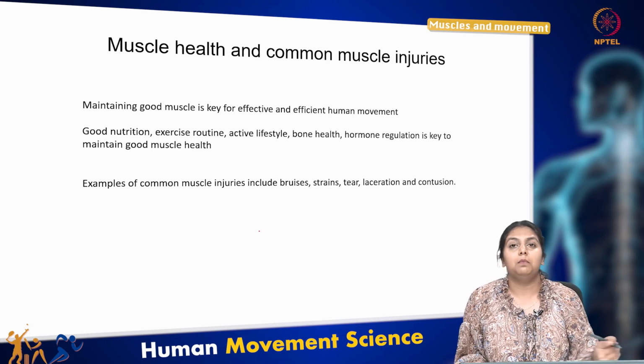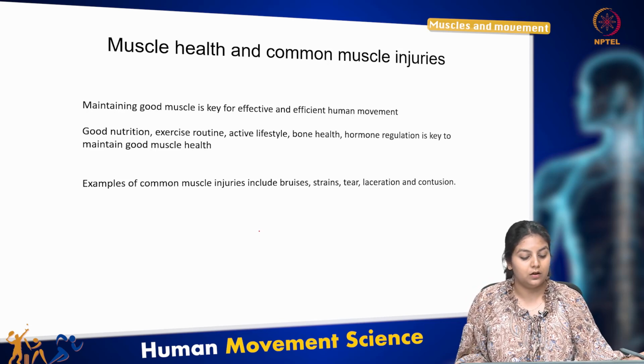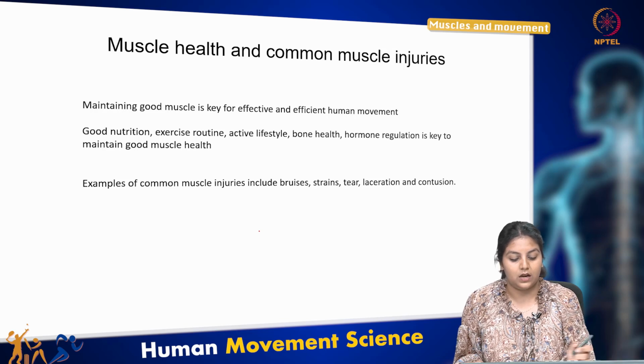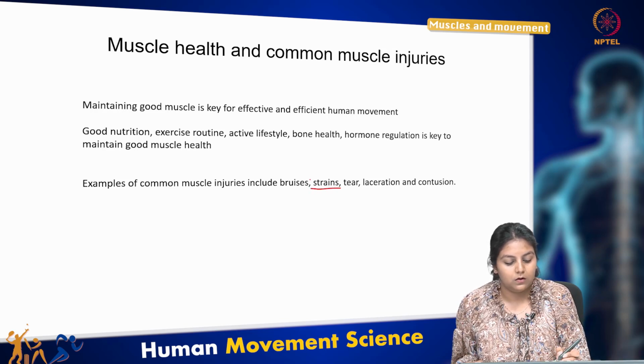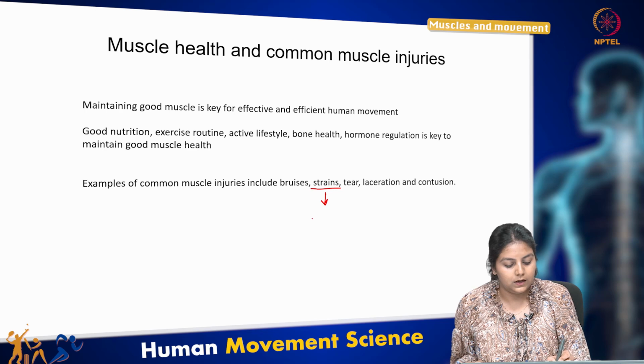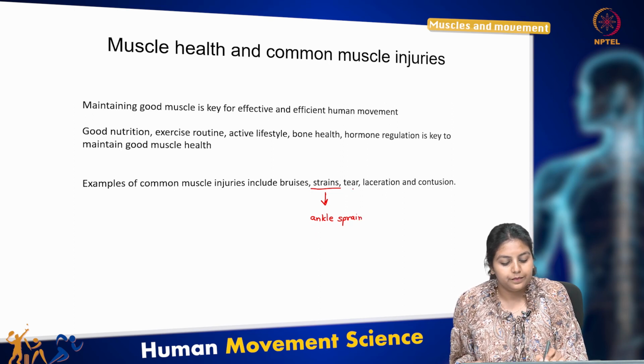Some of the common muscle injuries that we observe are bruises, strains, for example an ankle sprain, and tears, such as a muscle tear.